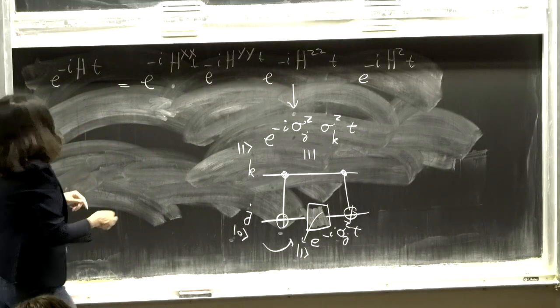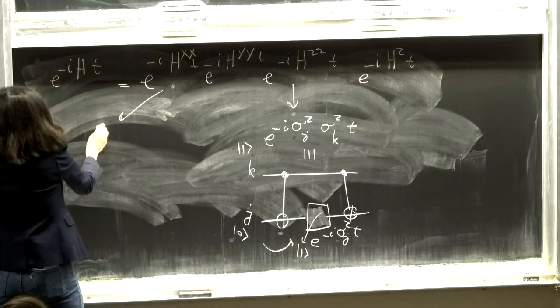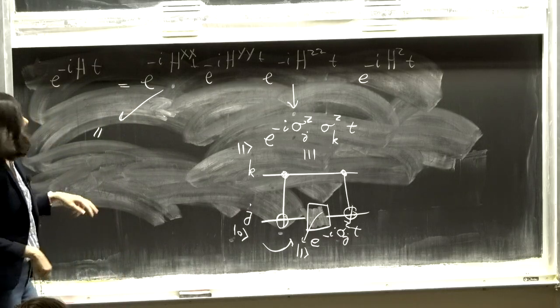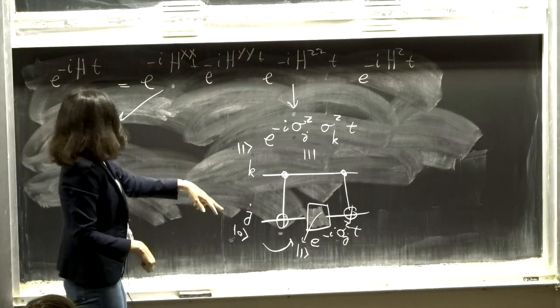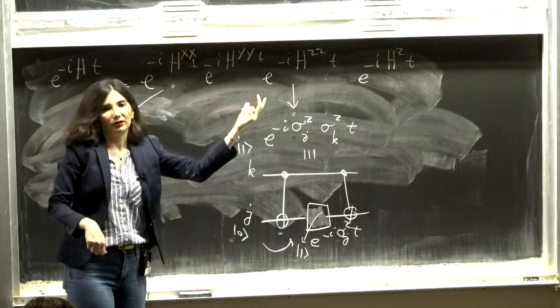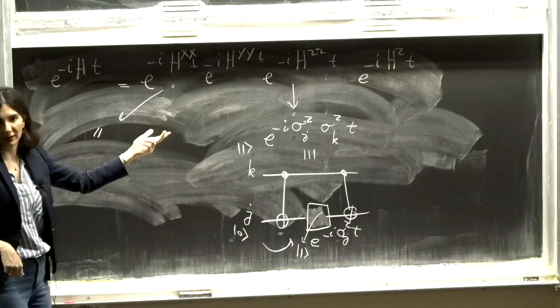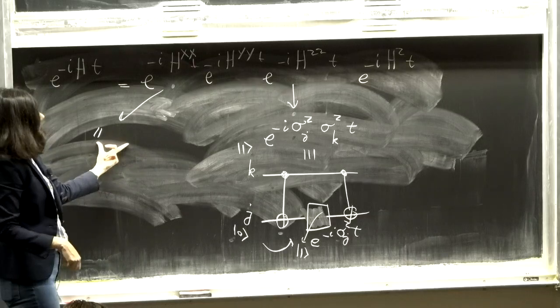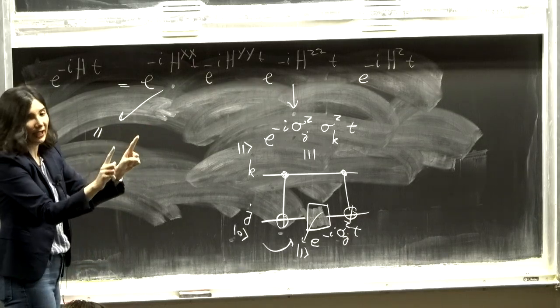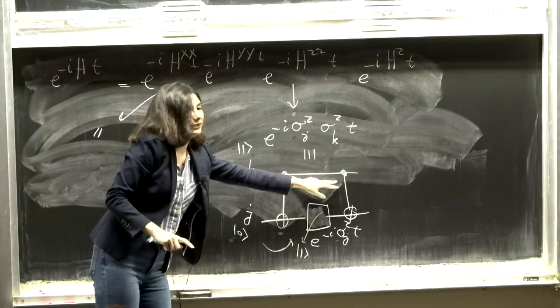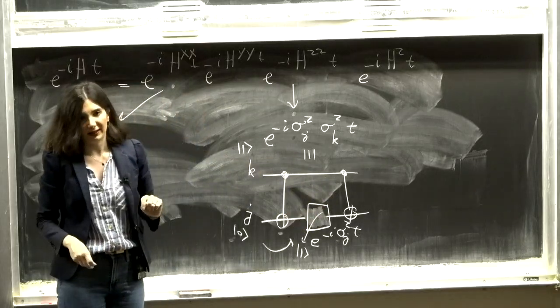So what that means is that these guys can be done in a similar way. And in fact, if you want to do the other sigma rotations, then you just do a single qubit rotation to go from the X to Y to Z basis. But between each pair, you are going to have 2 CNOT gates and then 1 RZ gate.